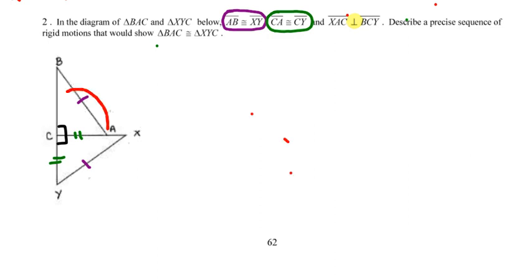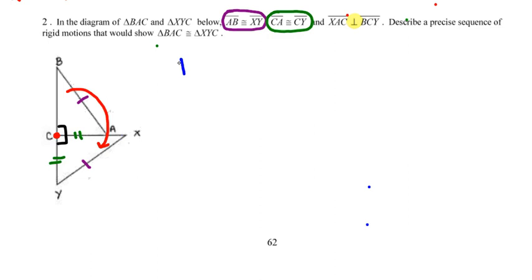It looks like a rotation of 90 degrees or negative 90 degrees, because I'm moving in the clockwise direction, of triangle BAC is going to map it onto triangle XYC, causing them to be congruent. I could have mapped the bottom triangle onto the top one by using a counterclockwise rotation of 90 degrees, and that would have been every bit as effective. So if that's what you were thinking, know that you're totally on the right track.